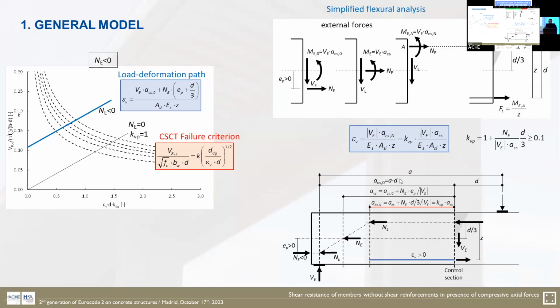And this length is given by multiplying the effective shear span by the coefficient KVP. Coefficient KVP, of course, is a function of the axial force and the applied shear force.